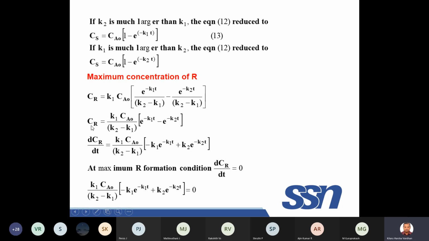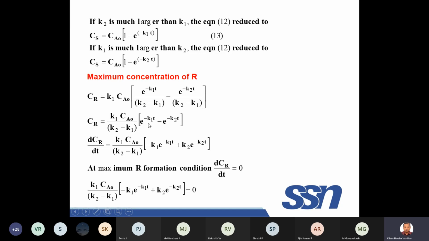So you need to differentiate this with respect to the time and equate to 0. At maximum R formation, the condition is that the derivative at that particular time should be 0. Right? So I am differentiating this equation.